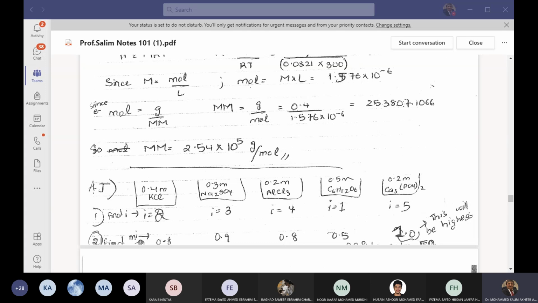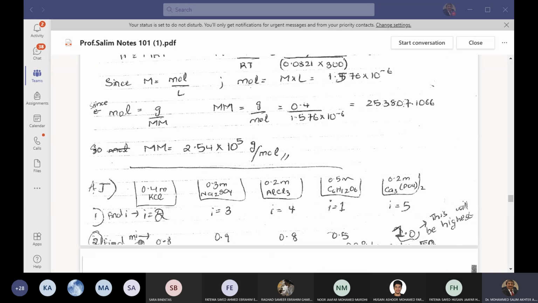2.11 divided by 1.86 divided by 4, and the answer is 0.2836. Now 0.2836 is equal to moles of MCl3 divided by 725 divided by 1000.